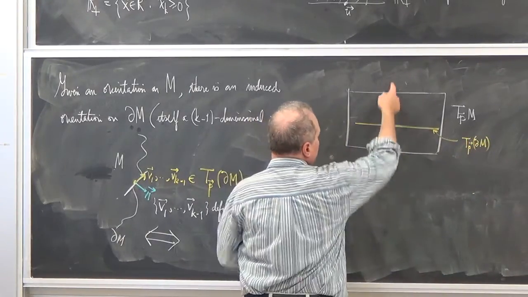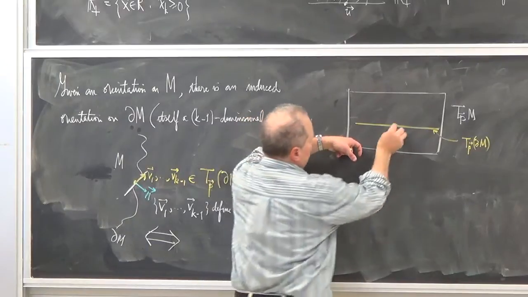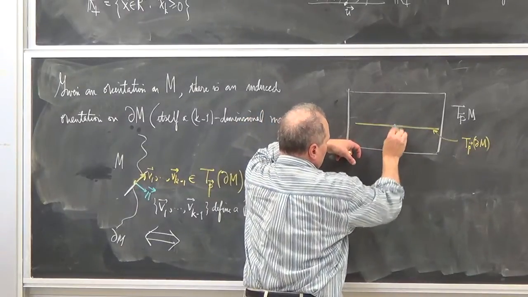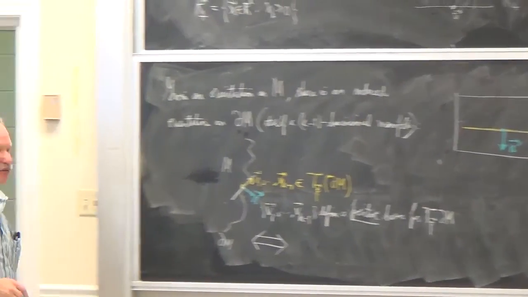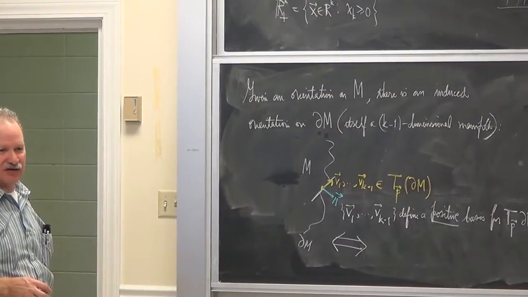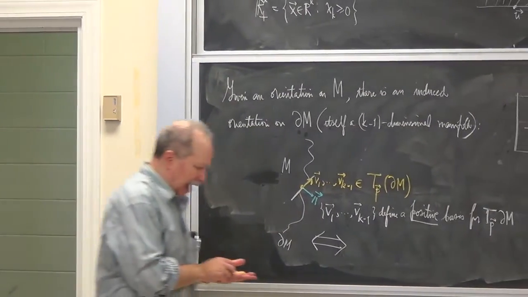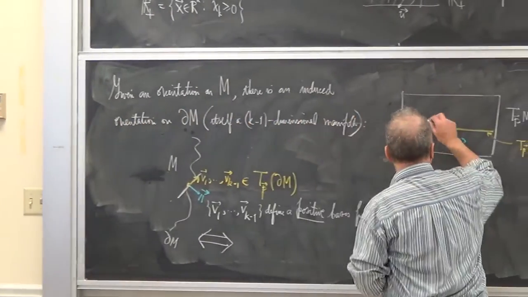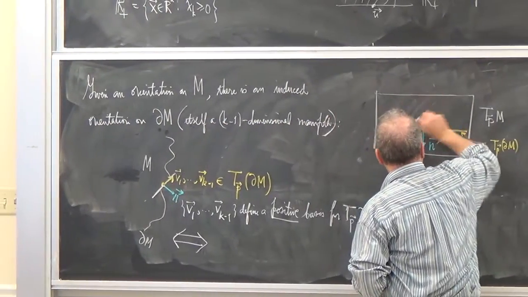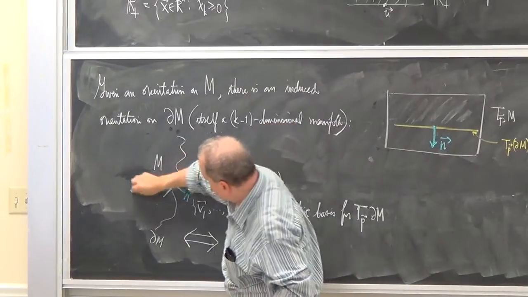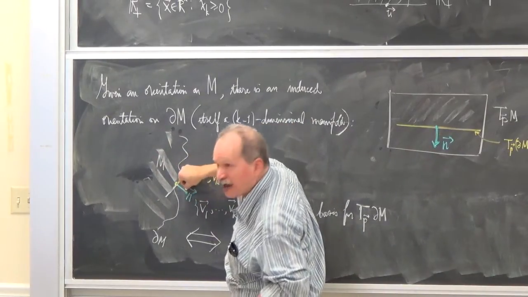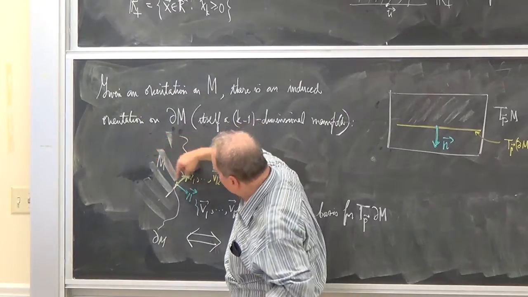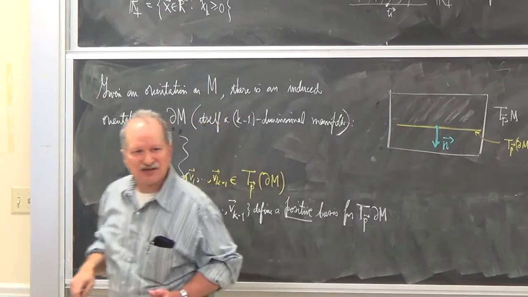And so in this k-dimensional space, I can take the normal vector that points perpendicular to the tangent space to the boundary, and that points out. What do I mean by out? Well, in would be towards stuff in the manifold. So this n points away from the manifold. That's what outward pointing means.